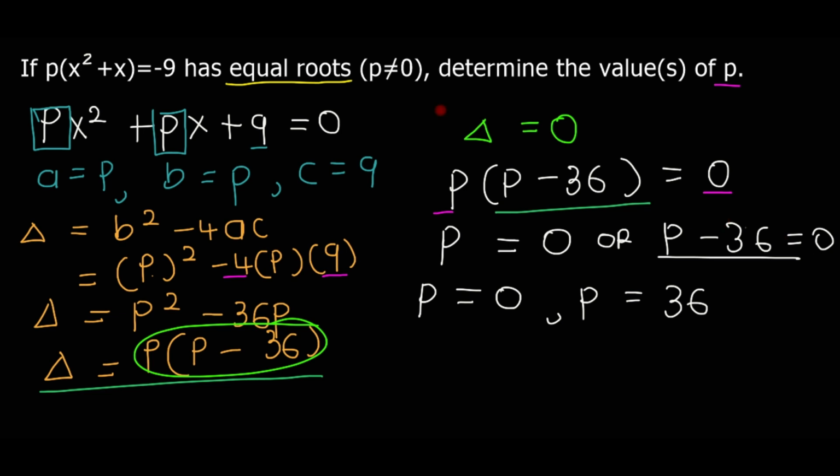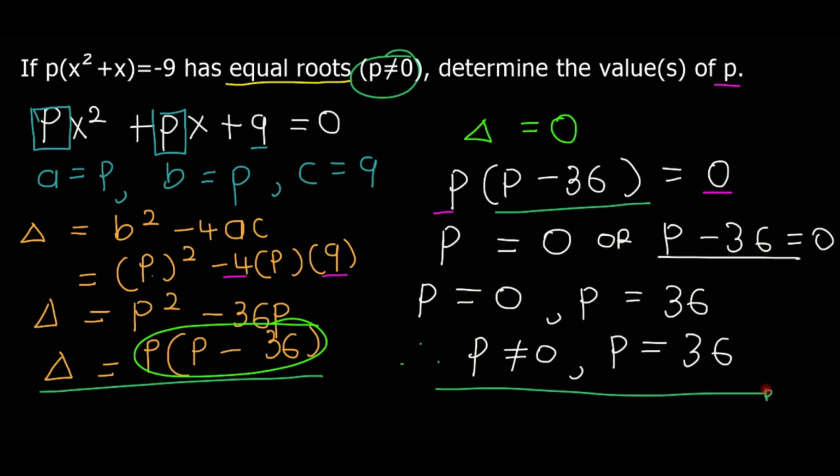But really p is not 0. So in conclusion, therefore p is not equal to 0, but p equal to 36. So this is our solution.